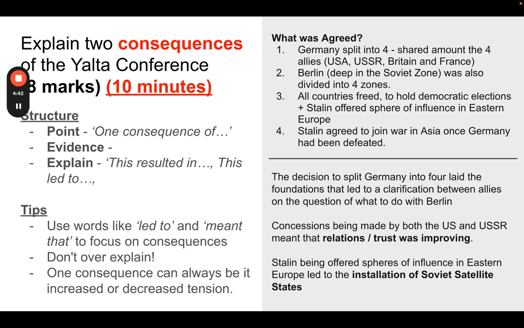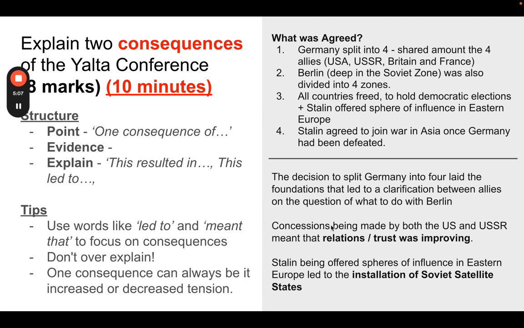Now, when we're looking at this event and we're looking for 2 things that happened immediately after it that were a consequence of the Yalta Conference, we have one consequence, which is the decision to split Germany into 4, which laid the foundations and led to clarification between the Allies on the question of what to do with Berlin and Germany.